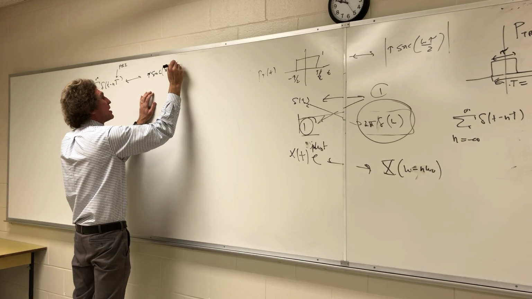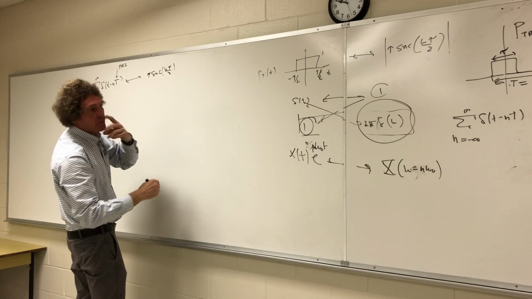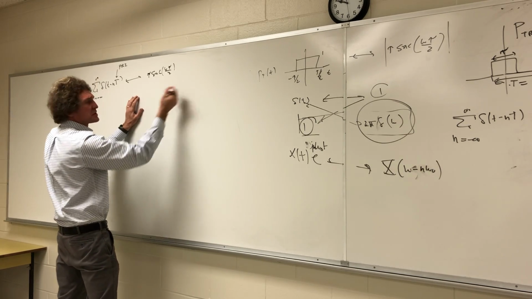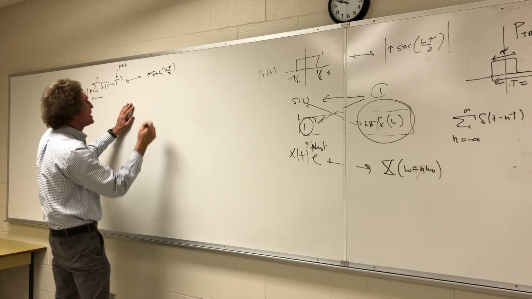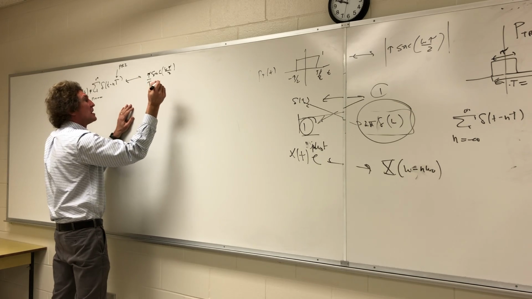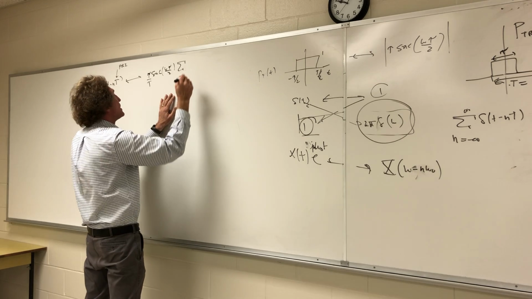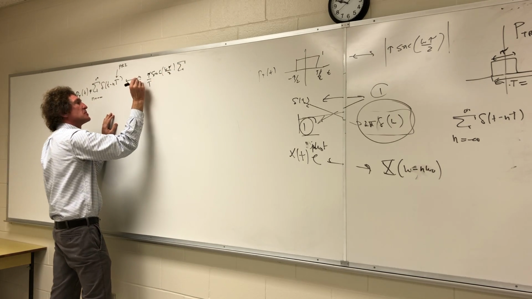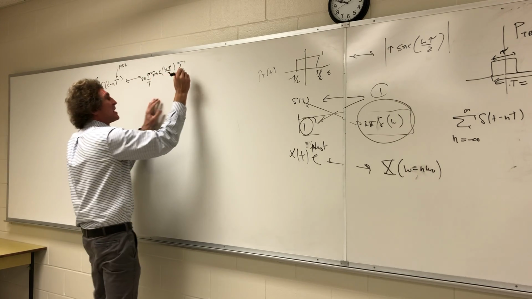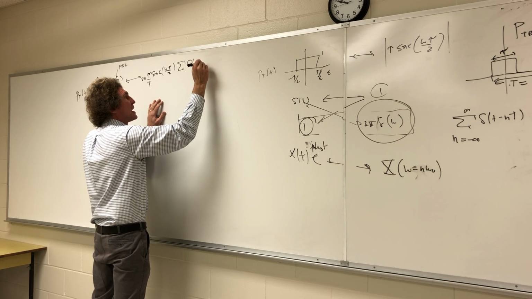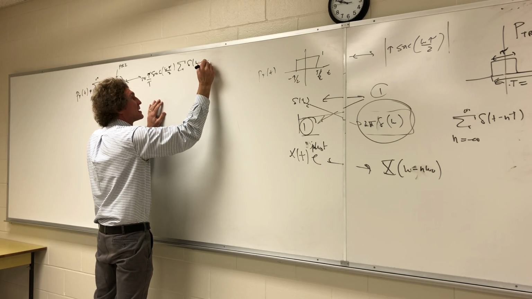Now it's going to be multiplied by the Fourier transform of that, which is 1 over T. So I'm going to put the T out here. And now it's an infinite series of, and I'll put the 2 pi out here too, delta of omega minus n omega naught.